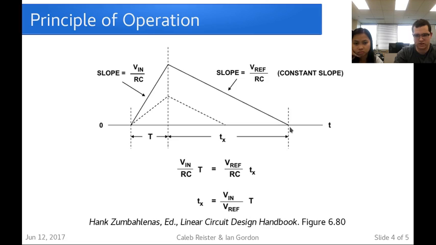When this crosses 0, the count on the counter, which is separate from the timer, ends. So that's pretty much it. It's a little bit more complicated than a single slope design, but not a lot.